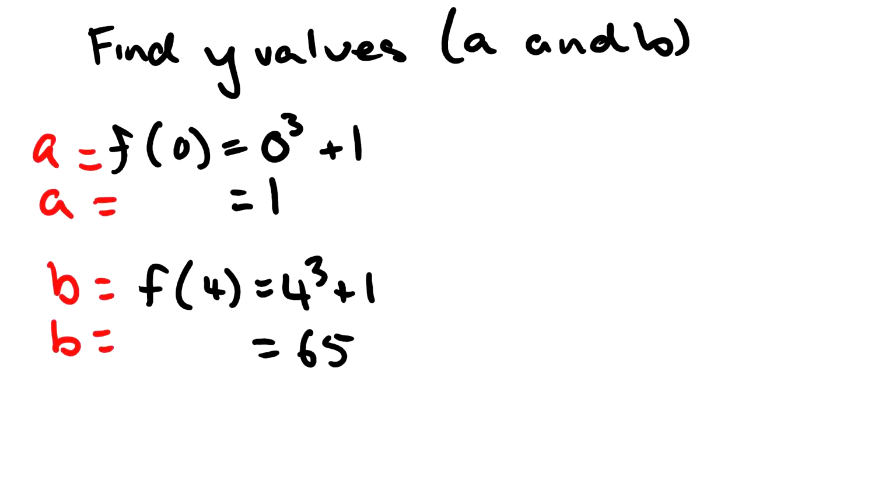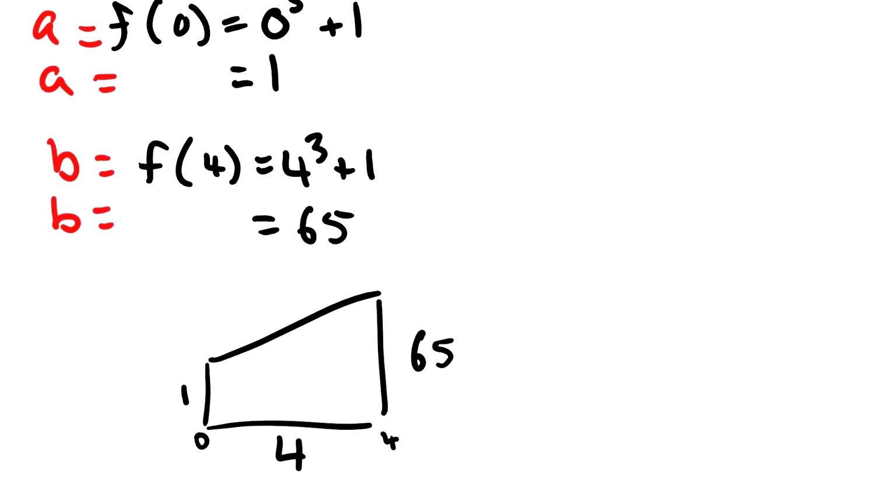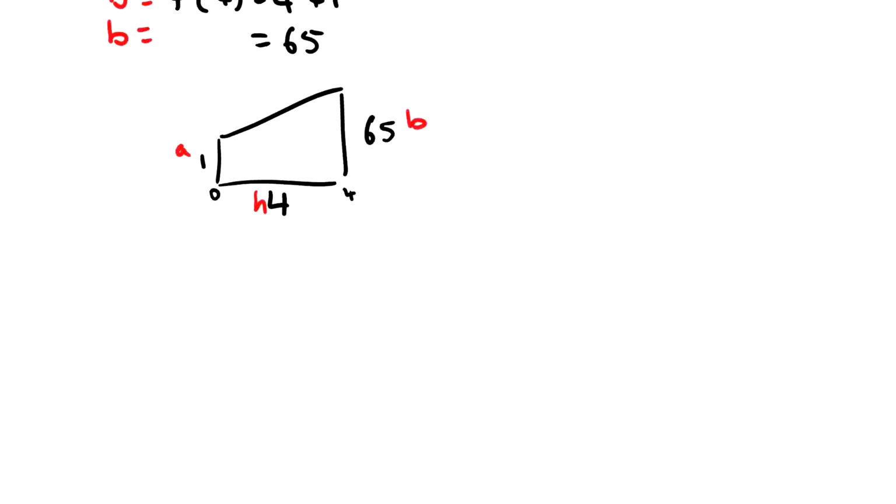65. Alright, so essentially what we've got going on is a trapezium that looks like this. There's a distance between here because we know this is 0 and this is 4, so there's 4. We know the height of A was 1 and the height of B was 65. So if I label those, we have A, B, and H. Now we use our formula.